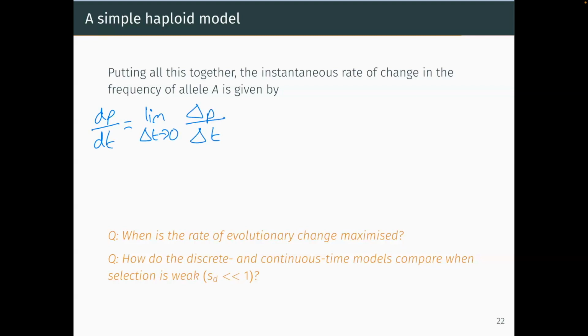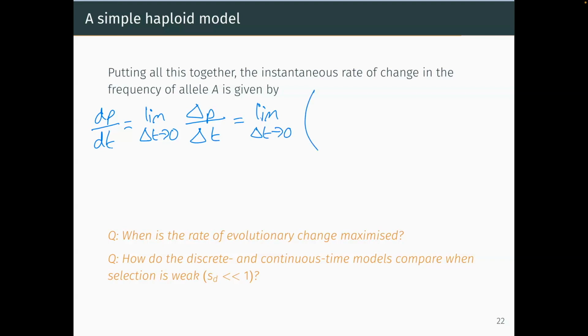We worked out our delta p earlier, just the change in frequency in one generation. Now we're thinking about things over a time window delta t. So what's this going to be? I'm still taking our limit. Leave the limit in there for now.